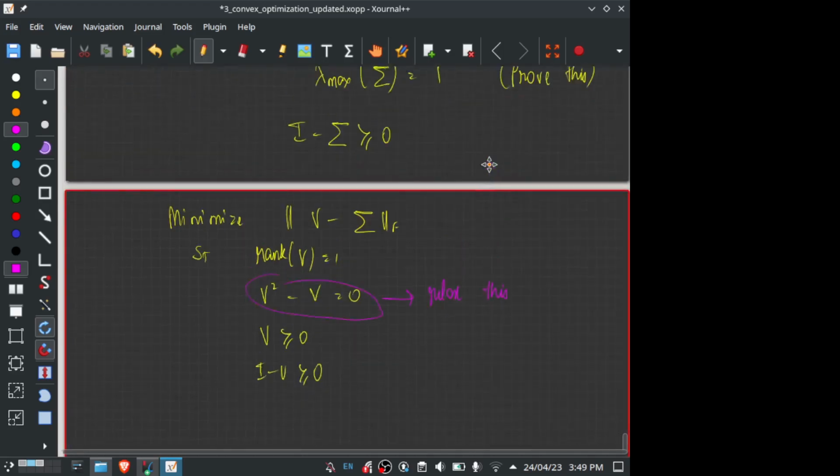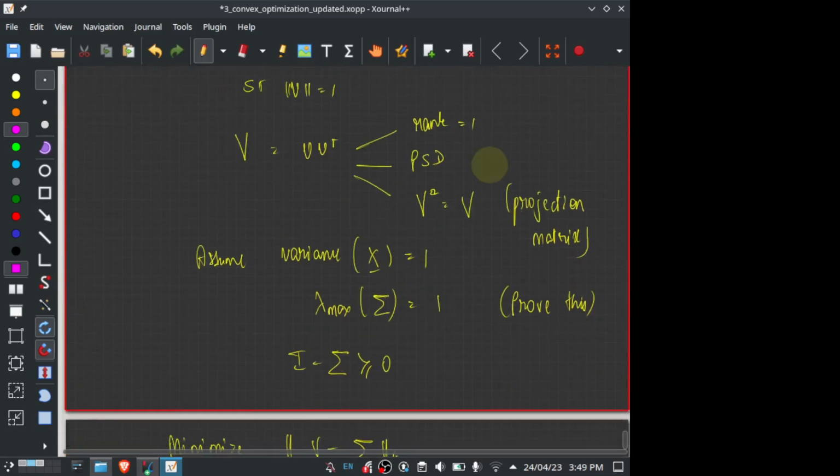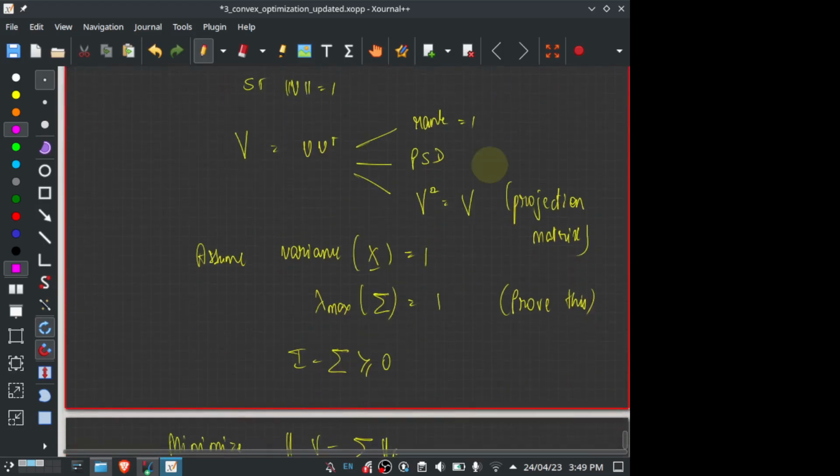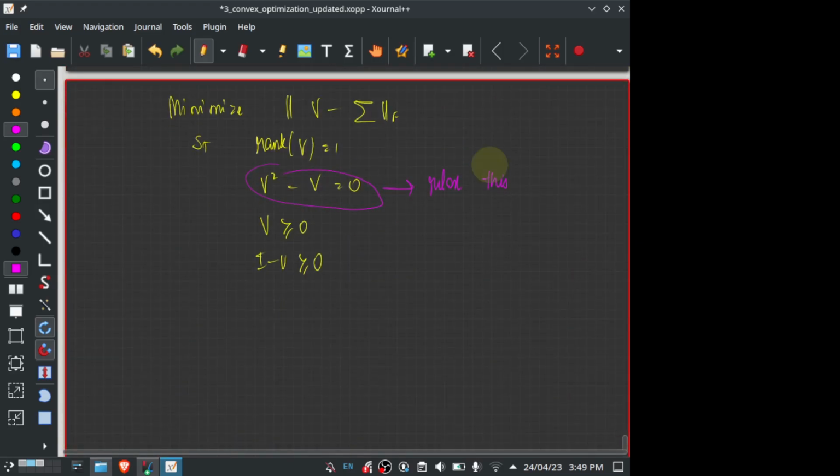So recall that V should be a projection matrix, right? If V has to be a projection matrix, then what can you say about the eigenvalues of V? It has to be 0 or 1.